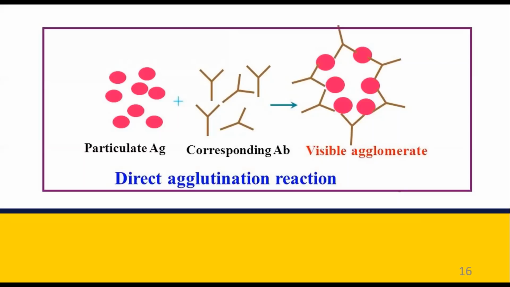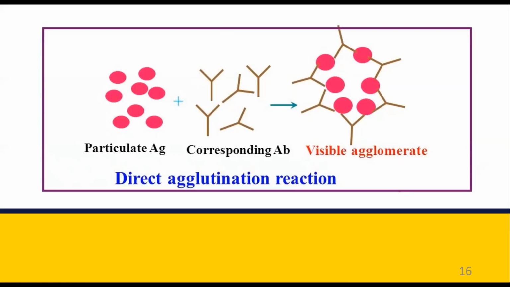There are actually different types of agglutination. But in this lecture, I will only mention two: direct agglutination and indirect agglutination. Direct agglutination follows the basic principle of agglutination that when an antigen and its corresponding antibody are present, they will bind together, causing cross-link binding, and this is visibly seen as agglutination or clumping.